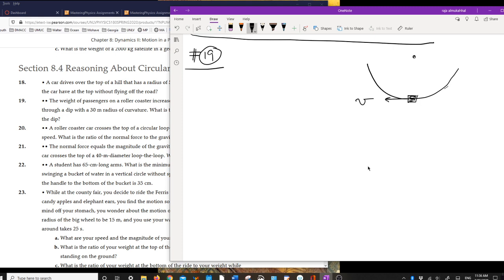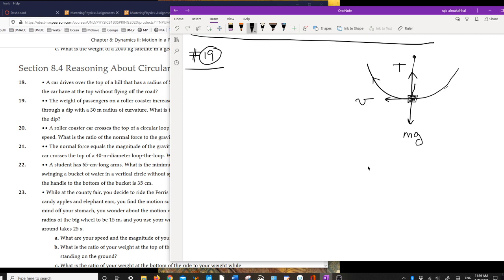Here is the center of the curvature. Here's the radius of curvature. You have the weight of the passenger, and then you have the tension, right? So the tension is going, if I can make it vertical like that, there we go. This is the tension, okay? As it's moving in the tangential direction, that is.